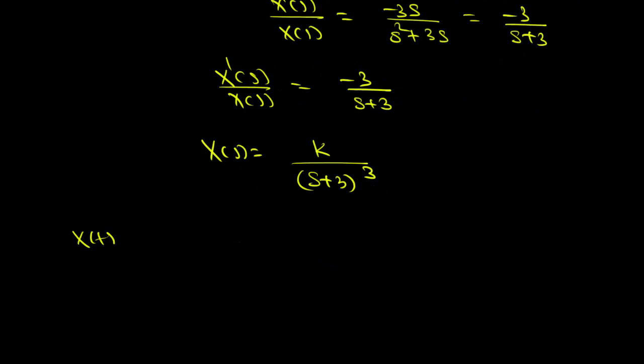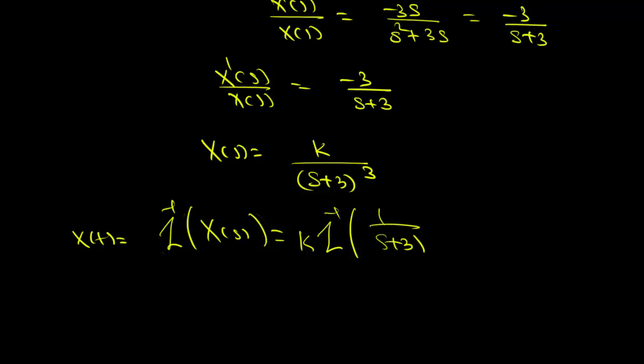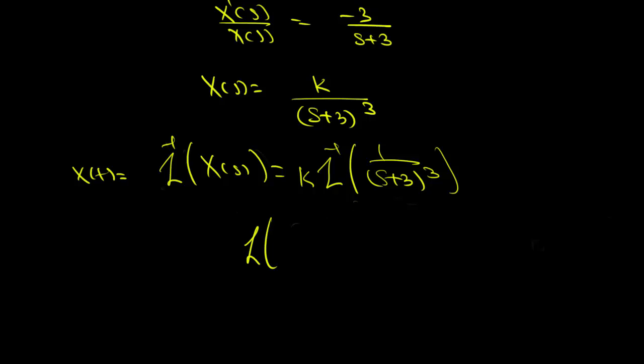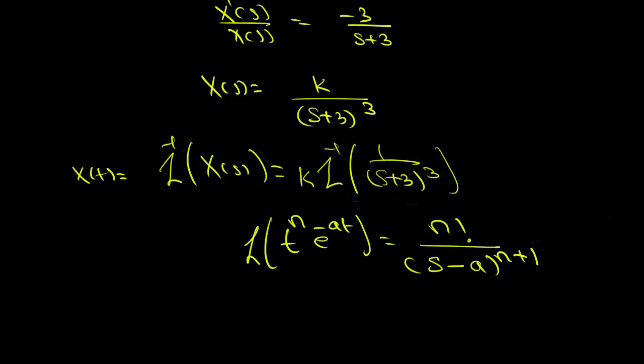X(t), the solution, is the inverse Laplace transform of X(s), which is k times the inverse Laplace of 1 over (s + 3) cubed. We have that the Laplace transform of tⁿ e^(−at) is equal to n! divided by (s − a)^(n+1).